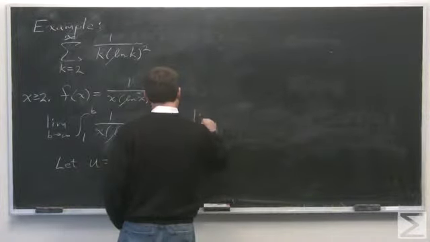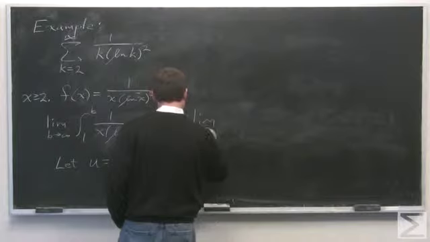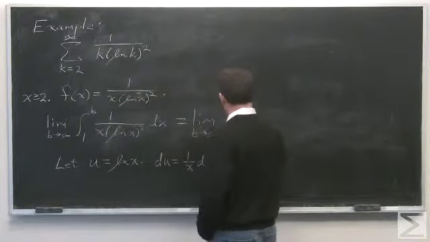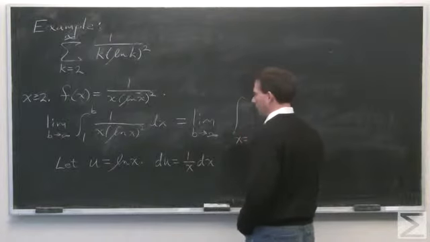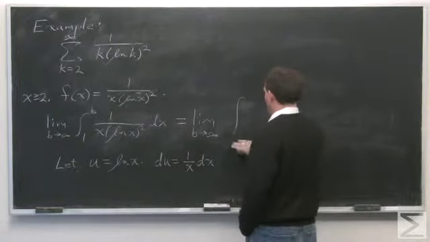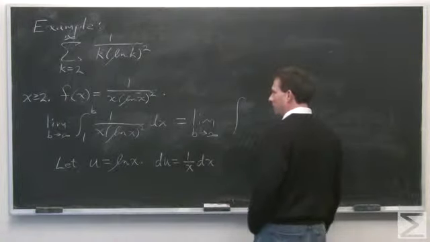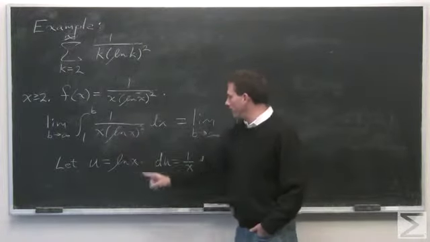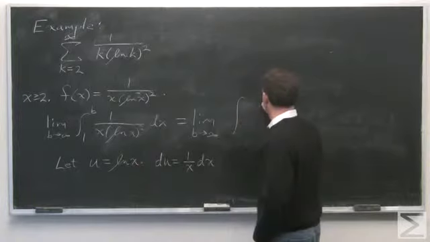And we get the limit as b approaches infinity. All right, I'll switch the limits of integration. The 1 over ln of x squared is 1 over u squared.